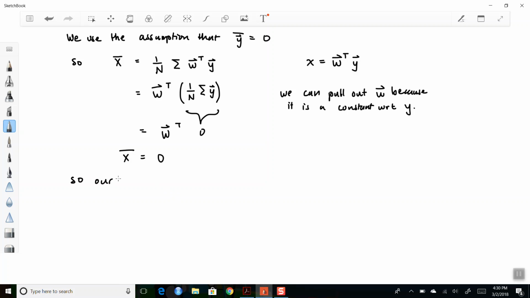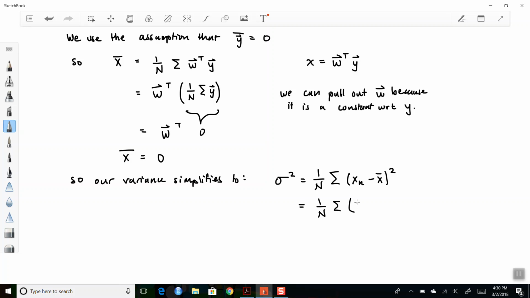So our variance simplifies to sigma squared is 1 over n times x of n minus x bar squared, and this just becomes 1 over n times x of n minus 0 squared, x of n squared.